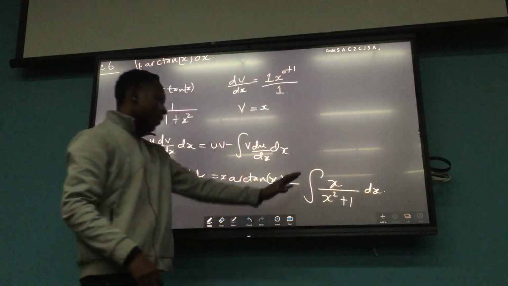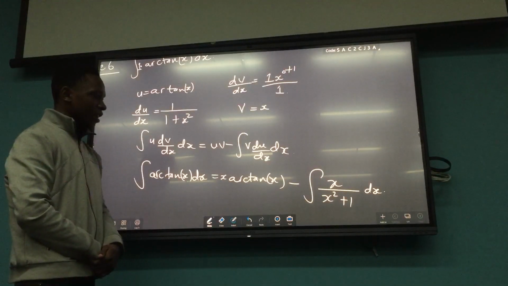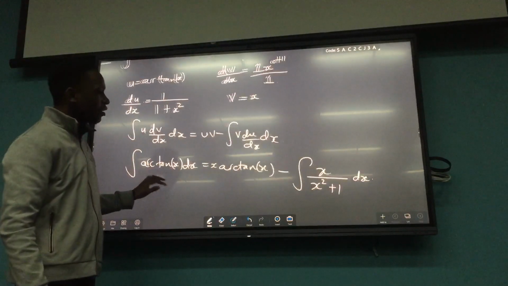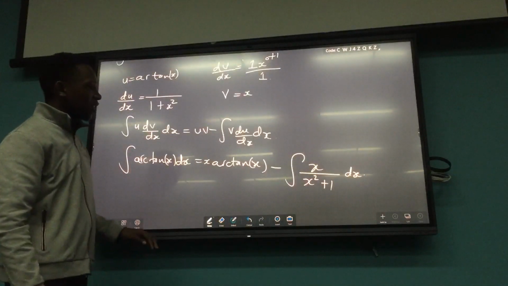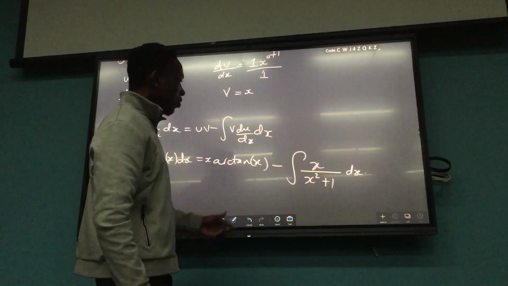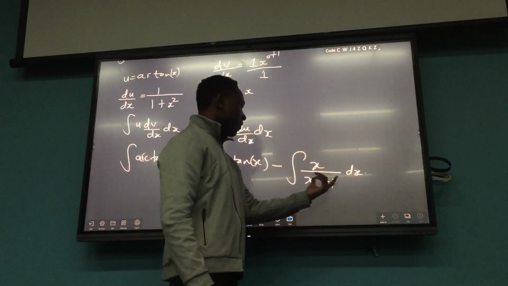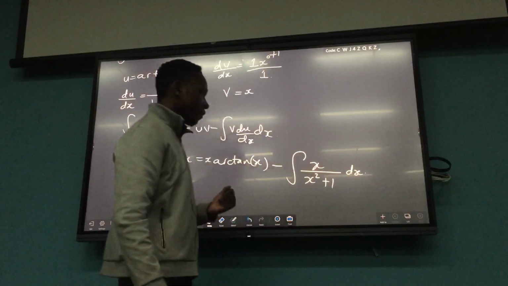Here, I might choose to use u substitution, but there is a concept called the recognition aspect of integration, where you recognize that you have a denominator that is a function of x.